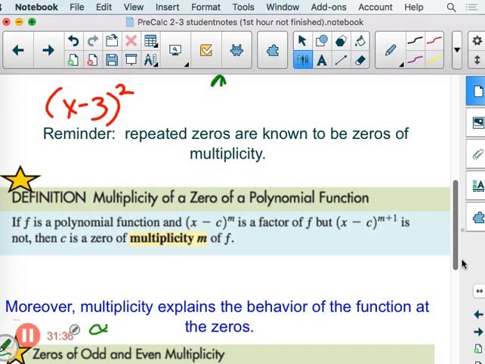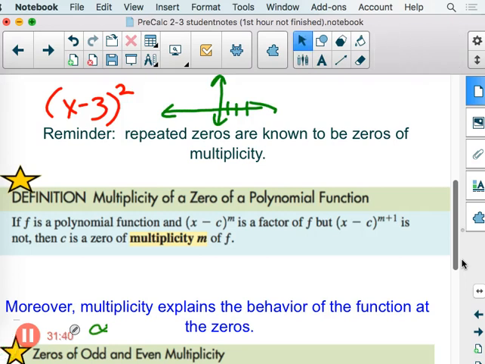In this case, our graph is going to hit at that 0, 3, and it's going to bounce off. Now, that's not the same tangent that you have for SOHCAHTOA, but it's a different polynomial type of tangent that we have. So, if we see an even degree, it's a bouncer.